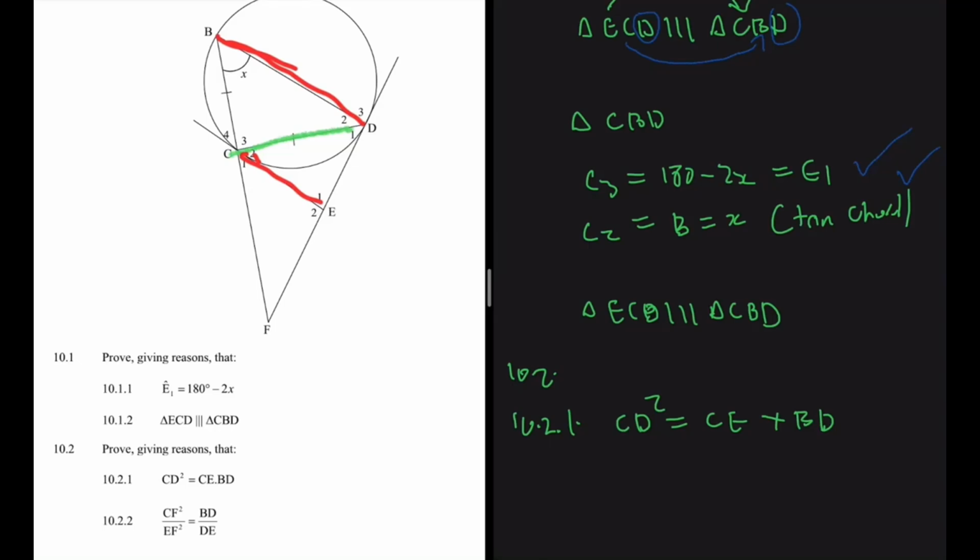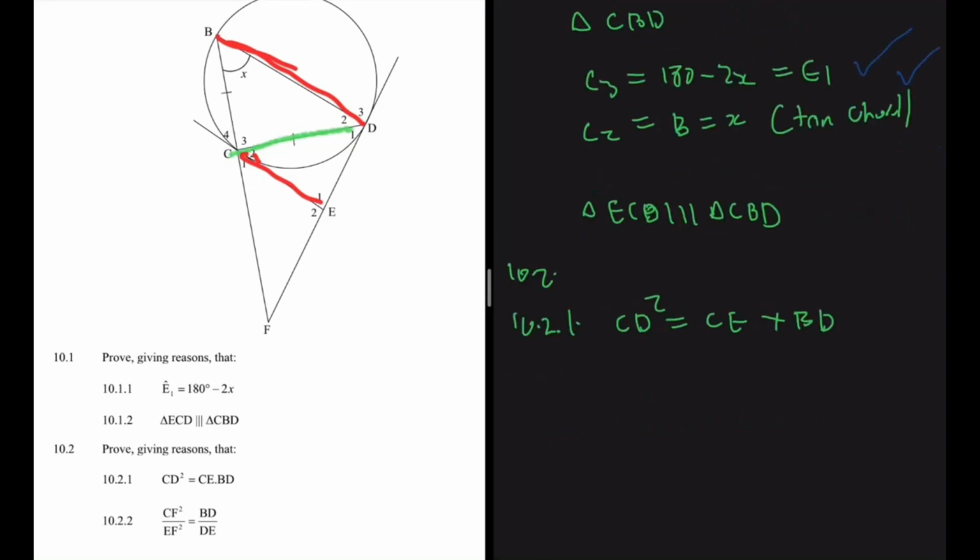From what we are required to prove, you can see that somehow we need CD, and then apart from CD, we need CE and BD, right? So our proportionality should involve those sides.